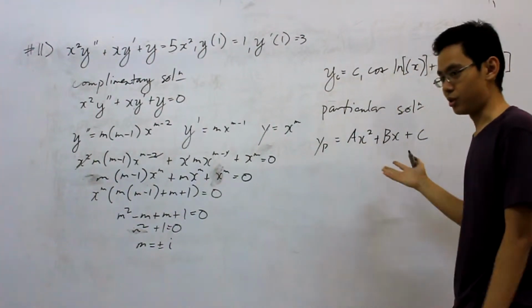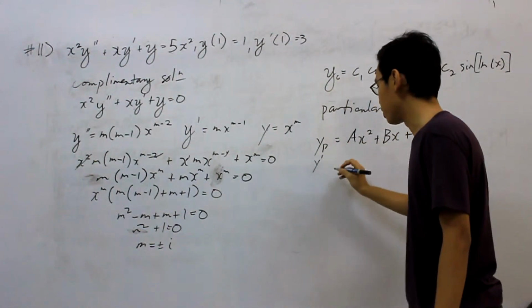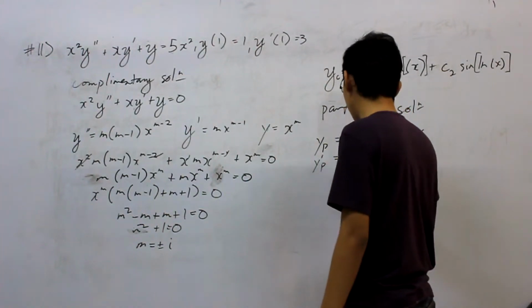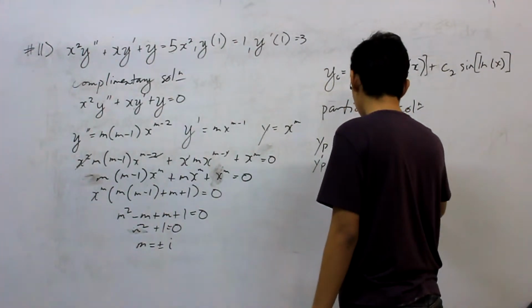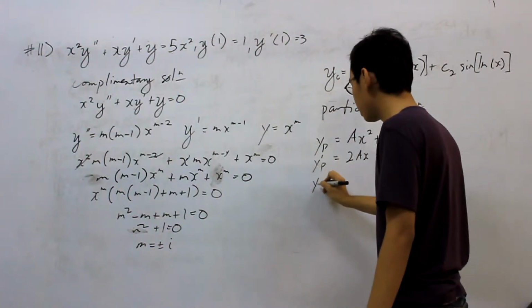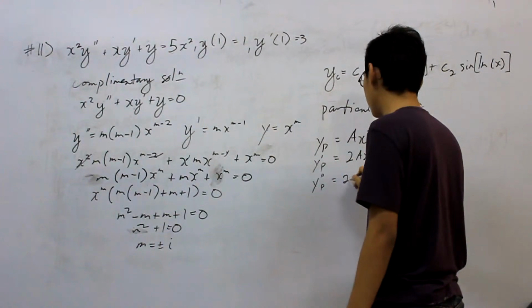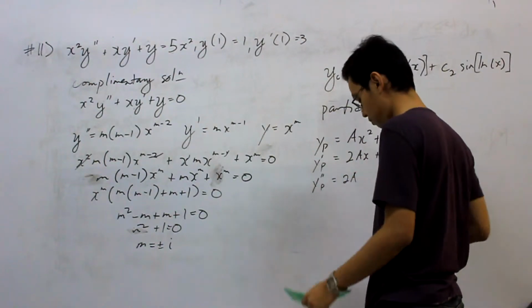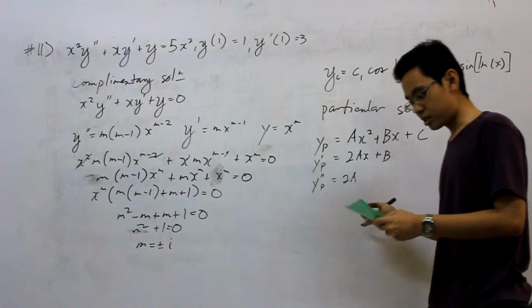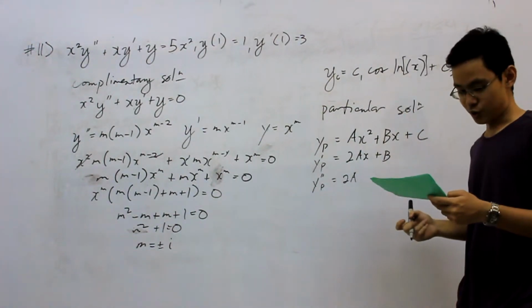And then we'll get the first derivative of that, which is 2ax plus b, and then the second derivative of that, which is 2a.